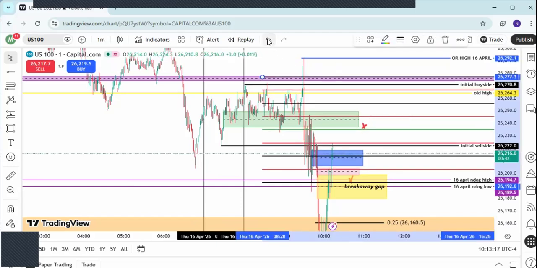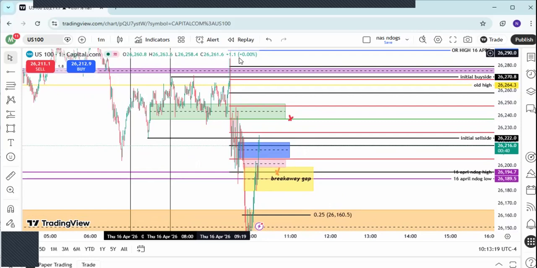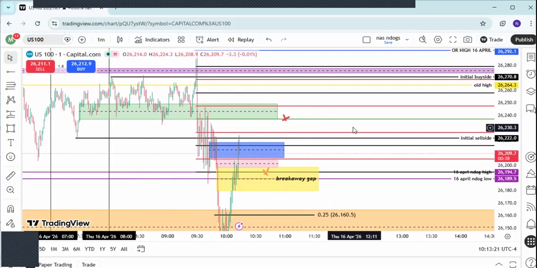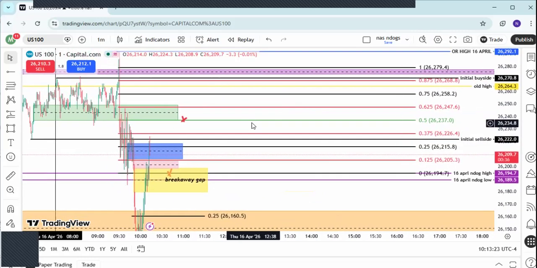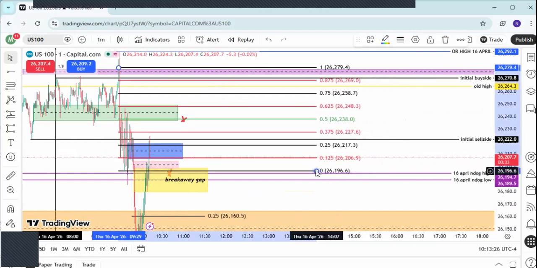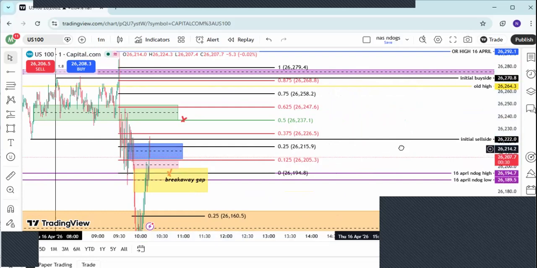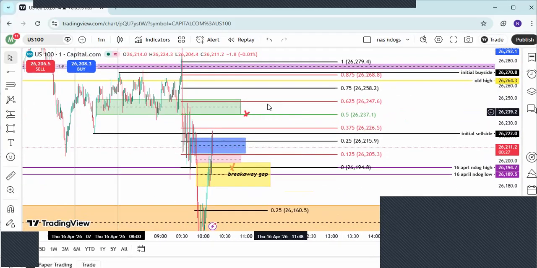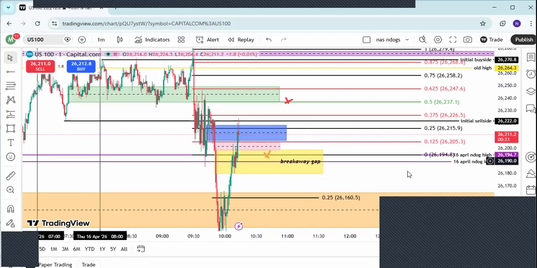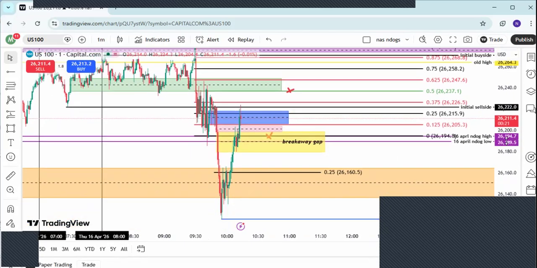My God, let me go back here. Okay, go back on the side. So if we go back above here, I might think differently. So let's see now what it's going to do.